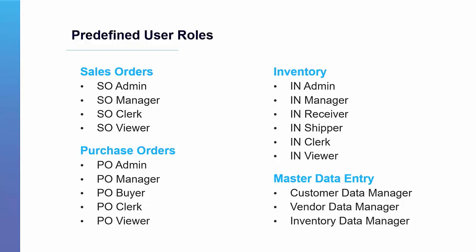So they've kind of broken them down into functional areas. So you have 4 different types for sales orders, purchase orders, inventory, and then for data entry staff. So as you onboard new team members, maybe you haven't taken the time to create granular user roles. This will be very, very helpful.